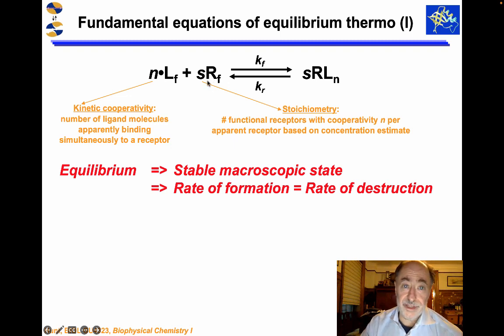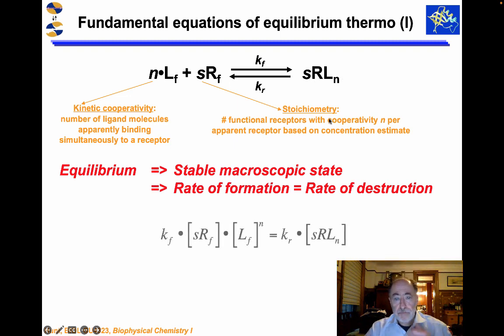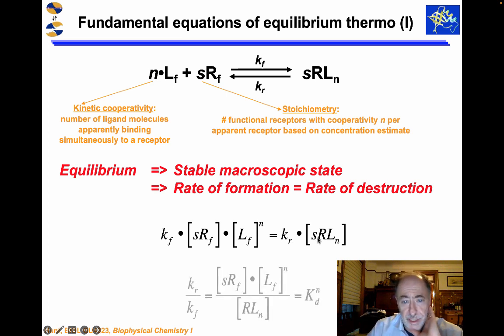For the moment, we can consider as part of the symbol for the receptor, SRF is the free receptor, SRLn the complex. We'd previously established, and you've now worked with this extensively, that the kinetic condition for equilibrium is that the forward rate, Kf times SRF times LF to the n, is equal to the reverse rate, Kr times SRLn.